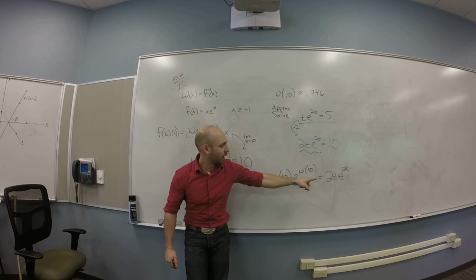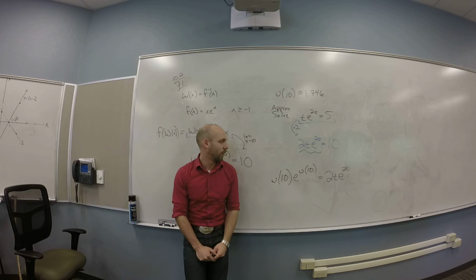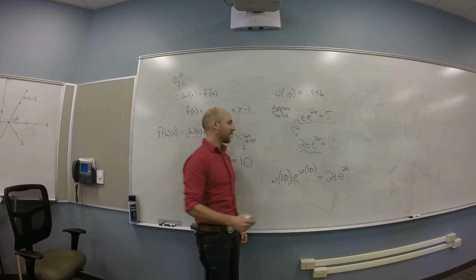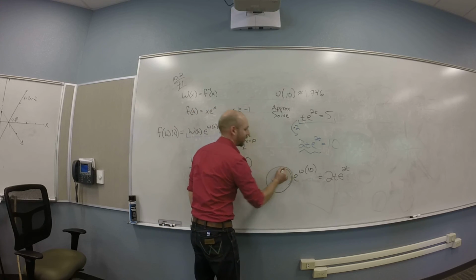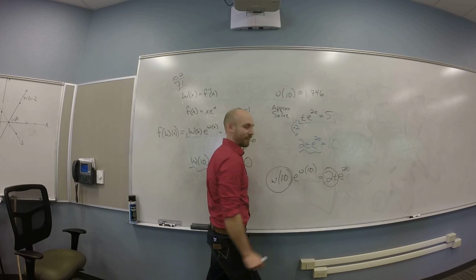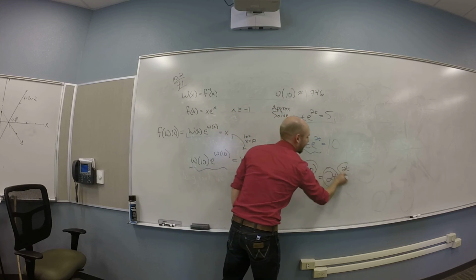So, how do I solve for t? Plug in what w of 10 is, or take the natural log. We probably don't even have to do any of that. We could just pattern match. This thing here and this thing there are the same, and this thing here and that thing there are the same.